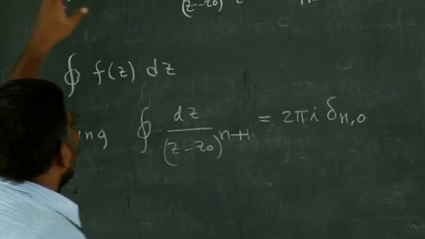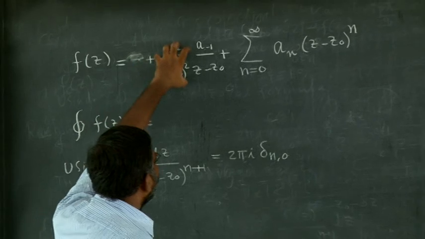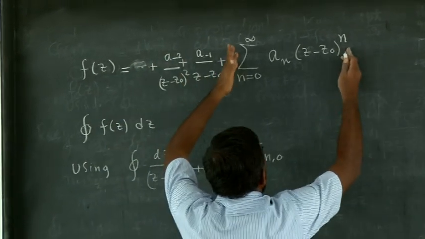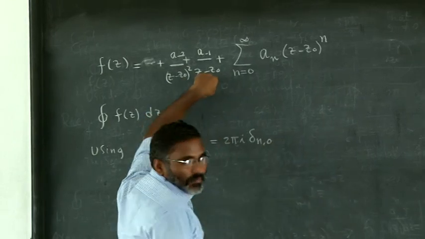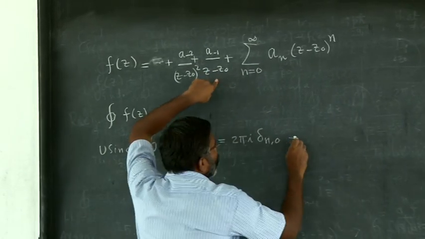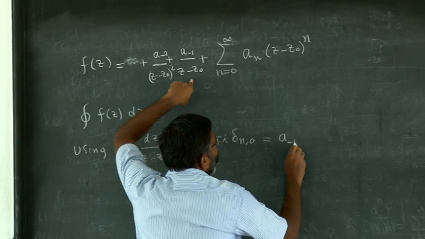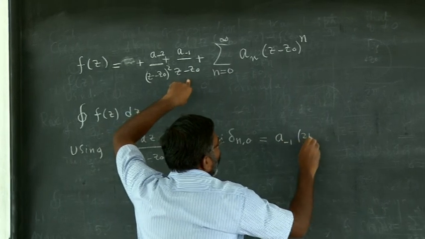That means you have to take an integral over each term. The integral over this thing we have already said is 0. Integrals over all these things are also 0 except this one. So you will get a result which is a minus 1 into 2 pi i.